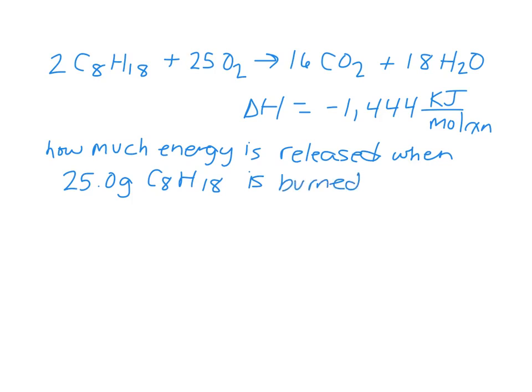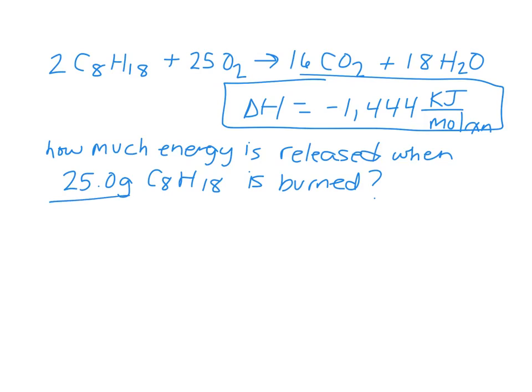Now this negative 1,444 kilojoules per mole, that's per mole of reaction. But if I burn 25 grams, I have an exact number of grams of octane. I need to figure out how much energy is actually released in that situation. This is just a dimensional analysis problem.